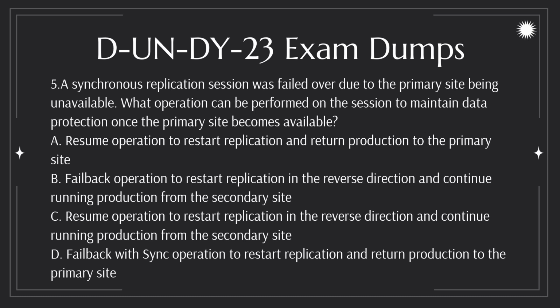B. Failback operation to restart replication in the reverse direction and continue running production from the secondary site. C. Resume operation to restart replication in the reverse direction and continue running production from the secondary site. D. Failback with sync operation to restart replication and return production to the primary site.